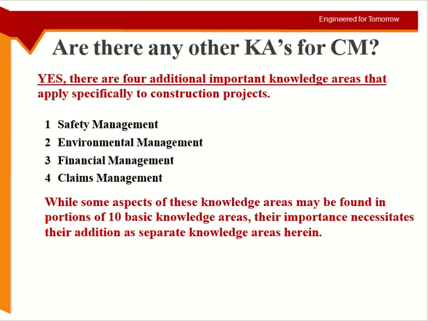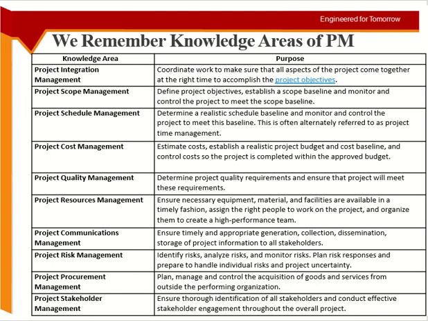Some of them are interlinked with the previous ones. For example, financial management can be linked with procurement management, because your finance, your budget, depends upon what you are buying: the services you are taking, the material you are buying.